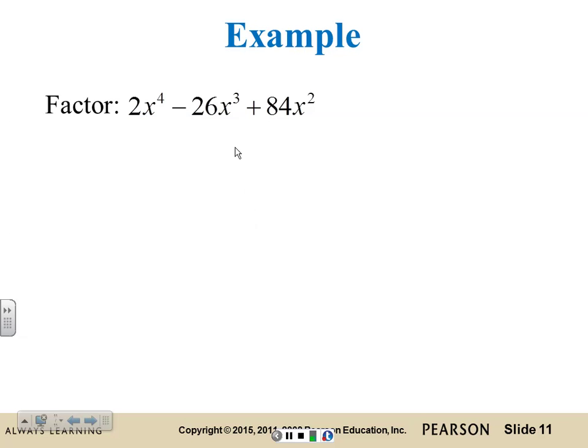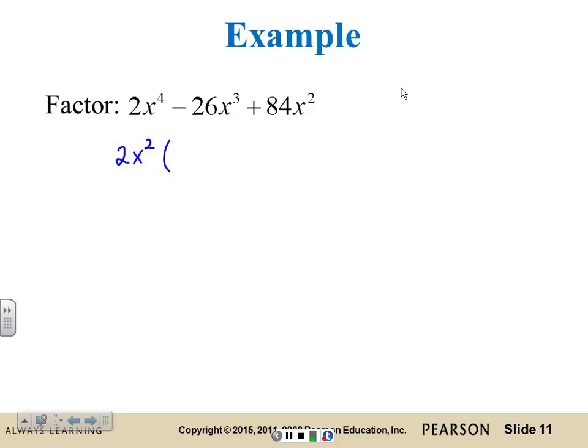Remember when I was telling you about higher ordered exponents? The higher exponent is higher than x squared. Look for something in common, not to mention my leading coefficient is not 1. So I'm thinking there's going to be a 2 in common with all of these. And I'm thinking there's going to be a minimum of x squared. Remember, you look for the lowest exponent.